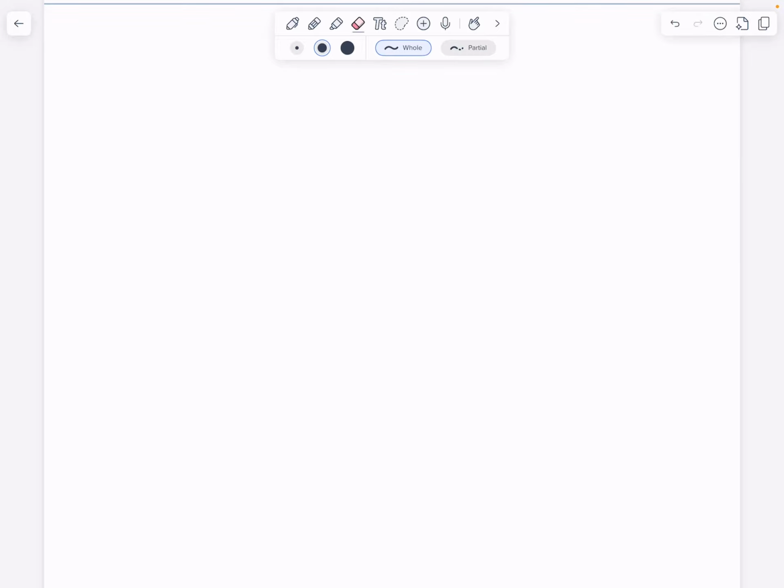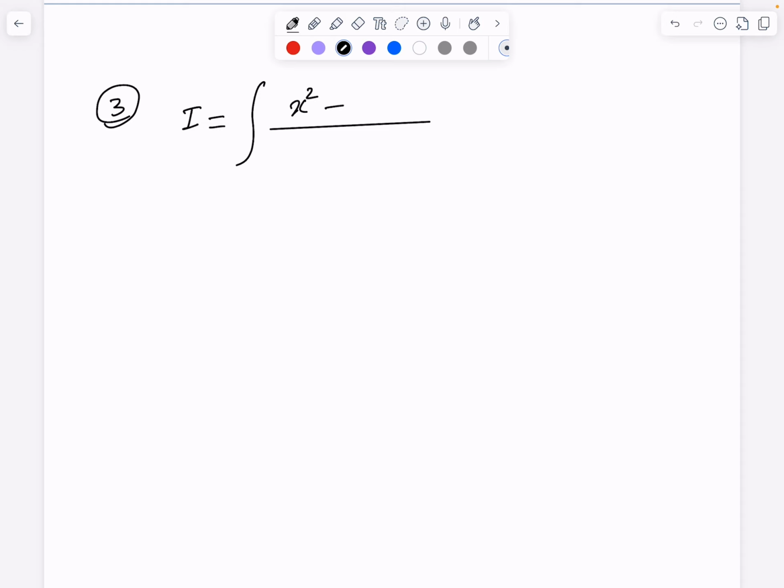Okay, question number 3. Suppose we have I equal to the integral of the square root of x squared minus 16, over x cubed, and there's going to be dx here.